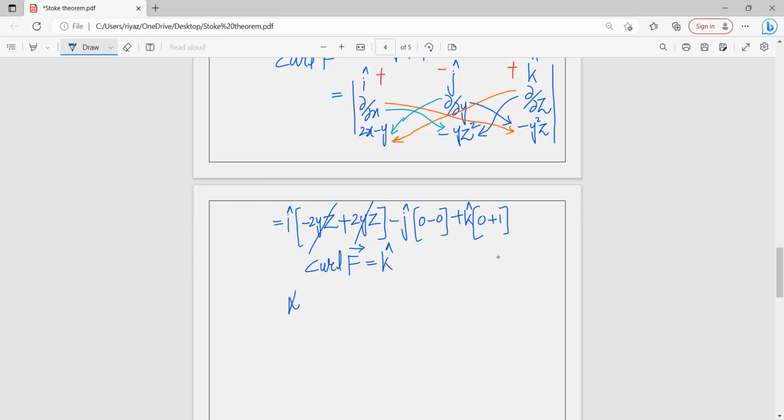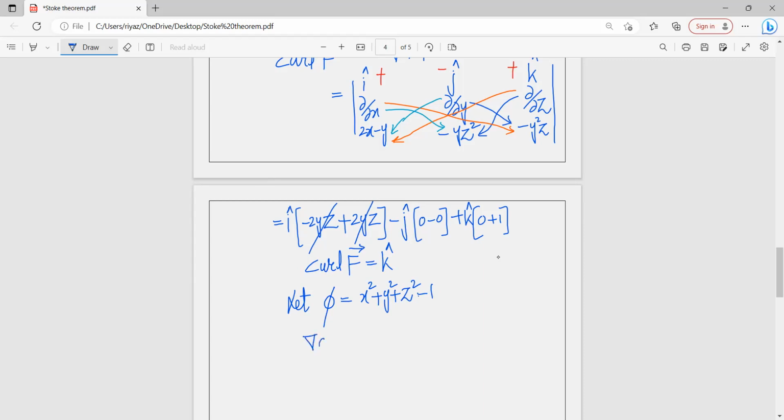Why? Because the surface is given here. Let us assume that the surface is this one, our surface will be there in our question: x square plus y square plus z square minus 1 equal to 0. Choice is yours, you can take any.